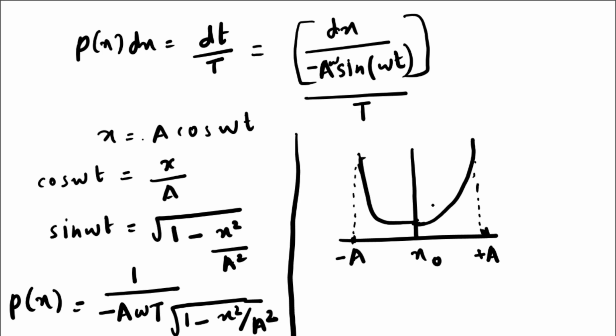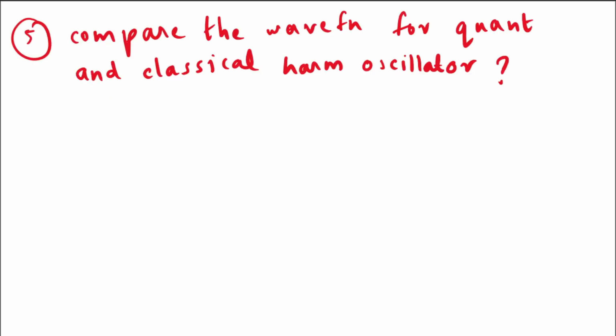Now the fifth sub-question is, compare the wave function for quantum and classical harmonic oscillator. As I have already explained, for the quantum harmonic oscillator, it is simply like this potential curve, and this is the ground state, and this is the first excited state.